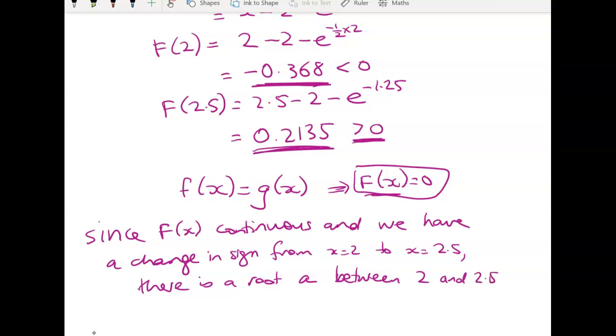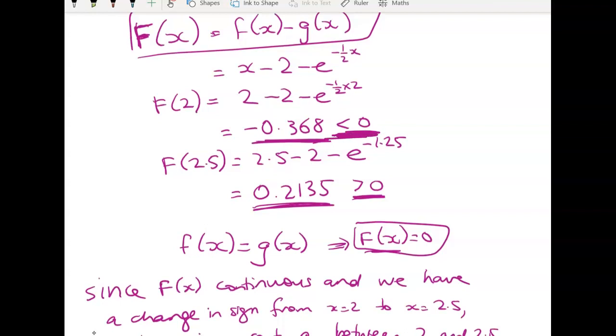It's really important when you're showing your working here that you clearly show that you get that this one is negative and that this one is positive.